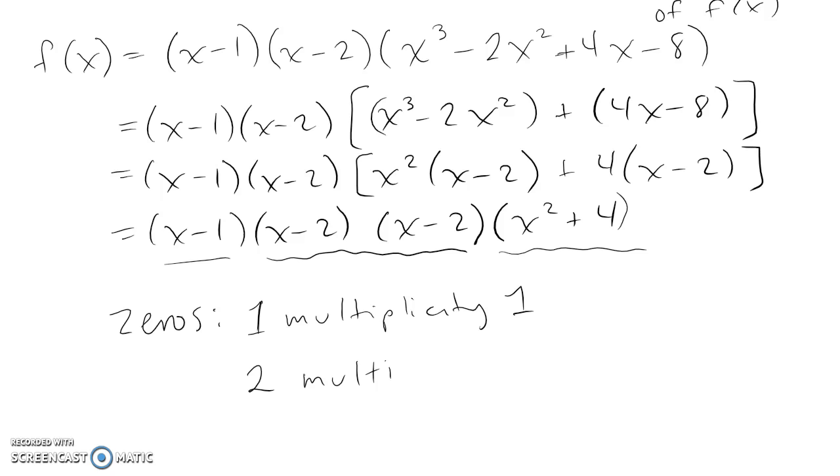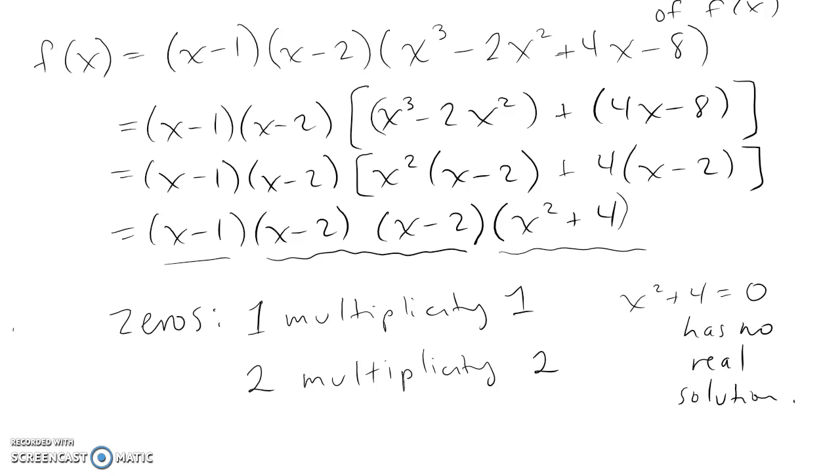So my 0 is 2 with multiplicity 2. And those are my only real zeros, since x squared plus 4 equals 0 has no real solution, right? So these are indeed the real zeros of f of x.